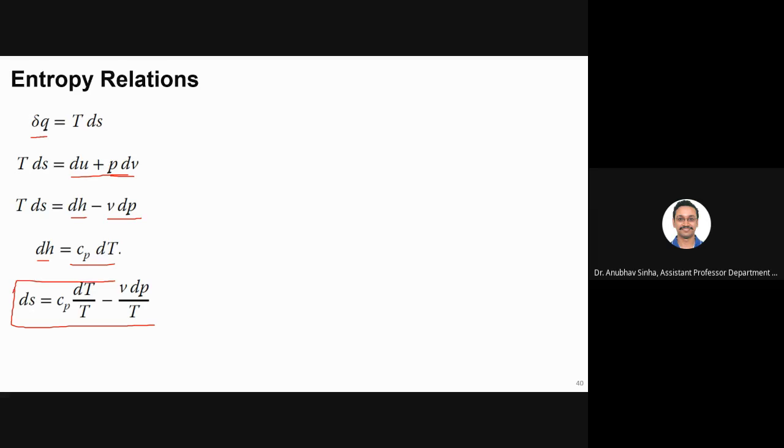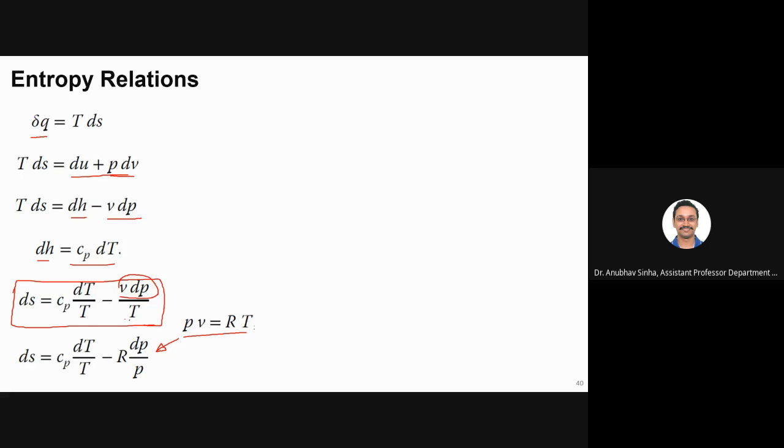Now, basically we are interested in delta S. What is the change in entropy for a particular process? For that I can also change this form by using the equation of state. So I can write ds is equal to cp dt by T minus, instead of vdp by T, R dp by P. You can try this and see.